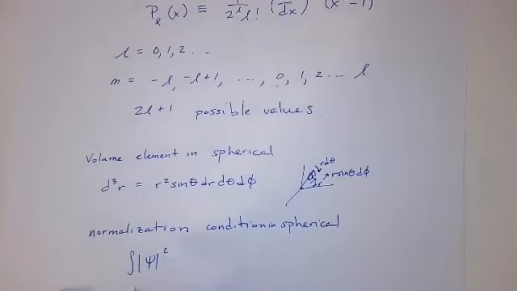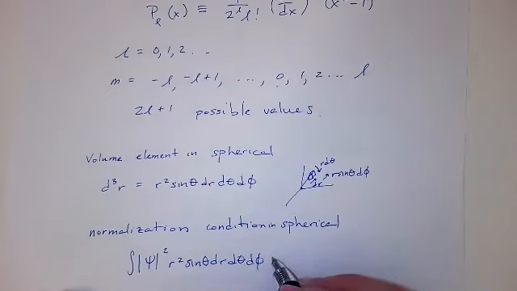We're going to do an integral over all space where this exists, and that should be equal to 1. So here, our little bit of volume in spherical is that r squared sine theta dr d theta d phi. So that's really telling you to take a triple integral, right? And that should be equal to 1.